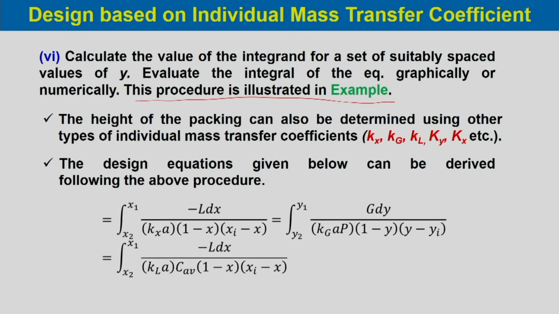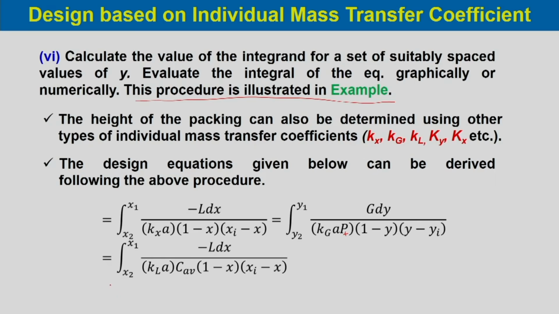So, this is the design equation: integral x2 to x1 of minus L dx divided by kxa into 1 minus x into xi minus x, which would be equal to integral y2 to y1 of G dy divided by kga Pt, total pressure, into 1 minus y into y minus yi, or it can be in terms of the liquid average concentration.